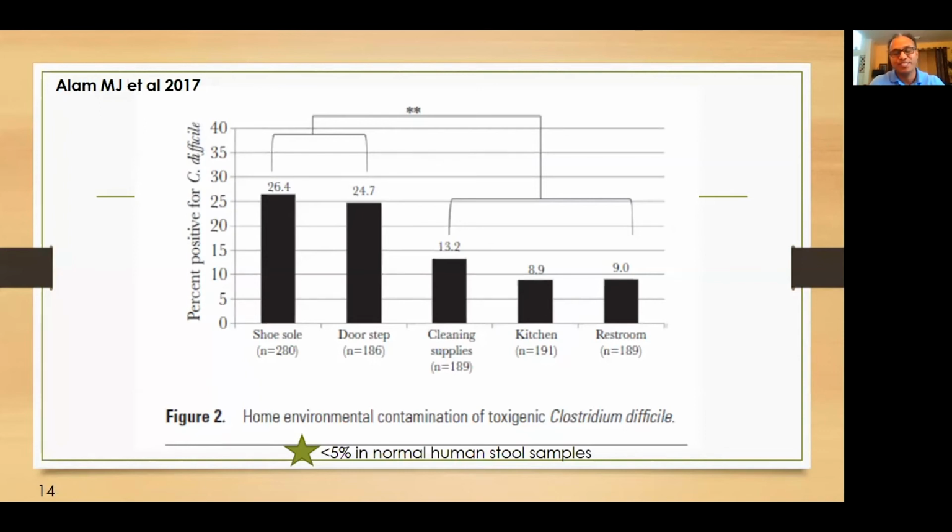Therefore, I should say everything is grossly contaminated with fecal bacteria and Clostridium difficile. Clostridium difficile is a fecal bacteria. Most of the animals actually can be transiently colonized, and they excrete this pathogen with their feces.